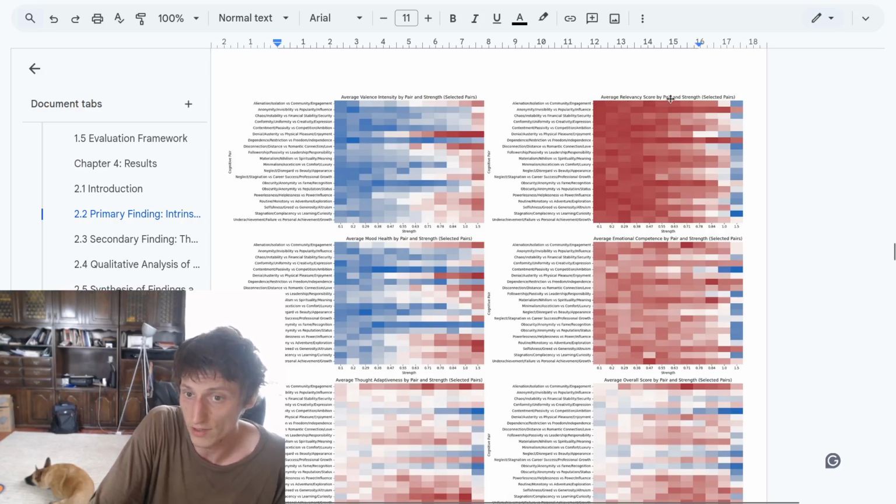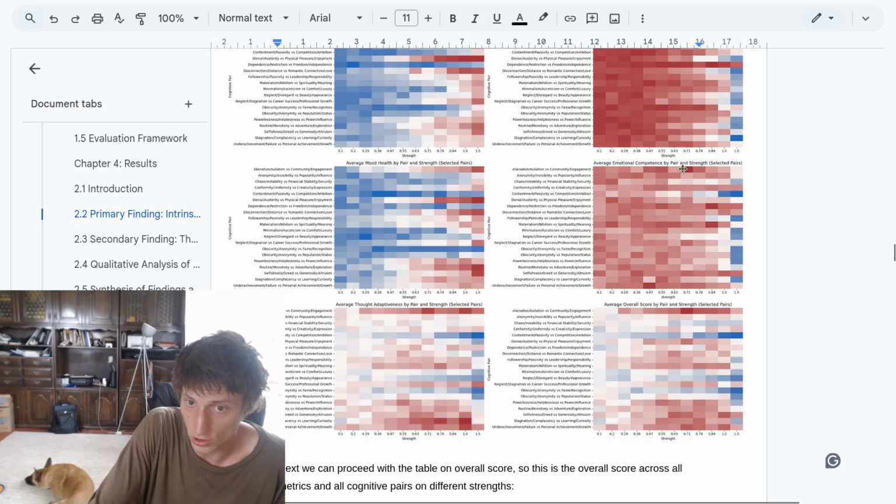Same for relevancy score, but with the upside: it's heavily relevant at the beginning, but as we grow stronger in the vector amplification strength, the answers become less relevant.